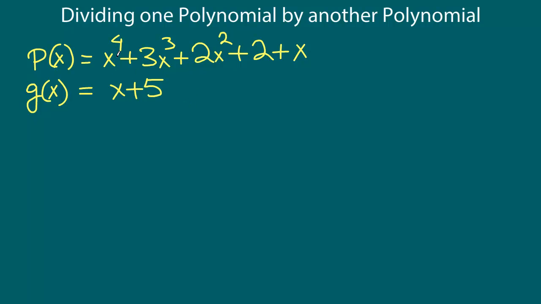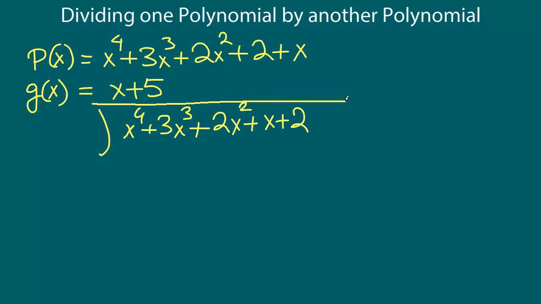So let's write the polynomial in standard form. This will be x power 4 plus 3x cubed plus 2x squared plus x plus 2, right? So this is our dividend polynomial, and our divisor polynomial is simply x plus 5 over here.